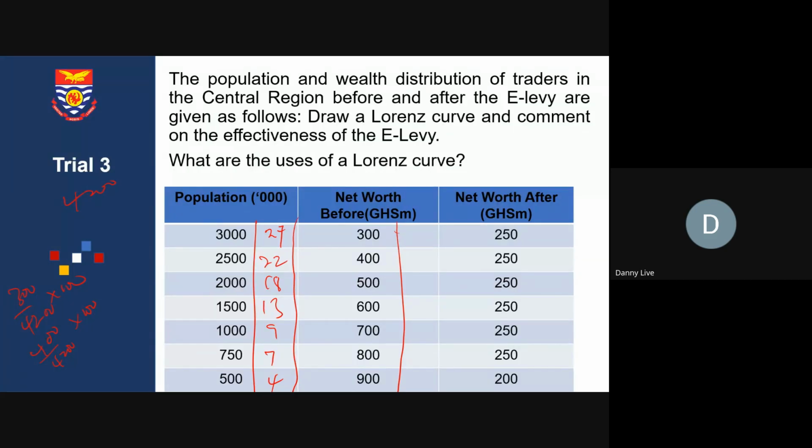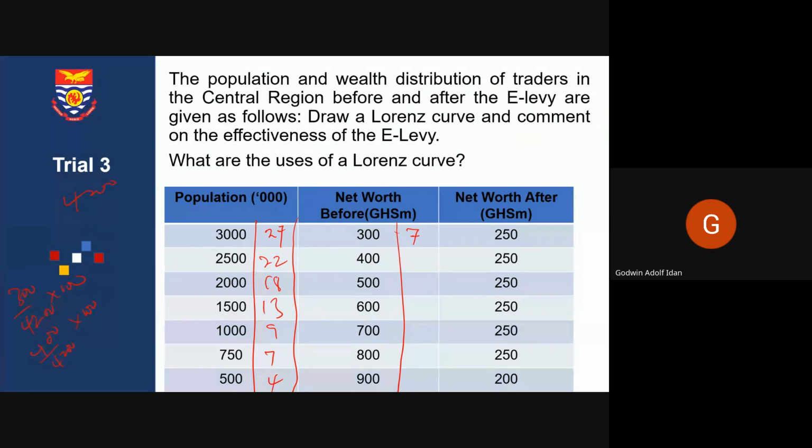Yeah, 300 is 7. 900 is 21.4, so 21. Which one?